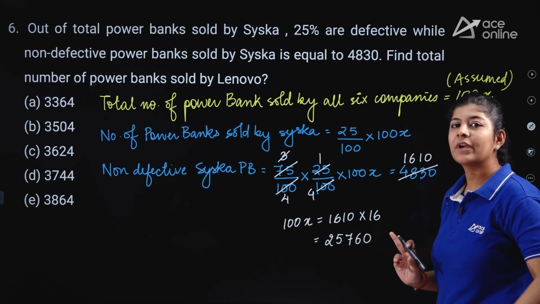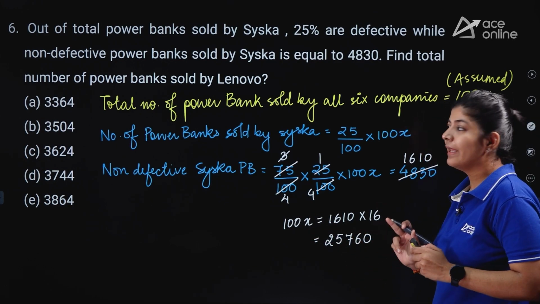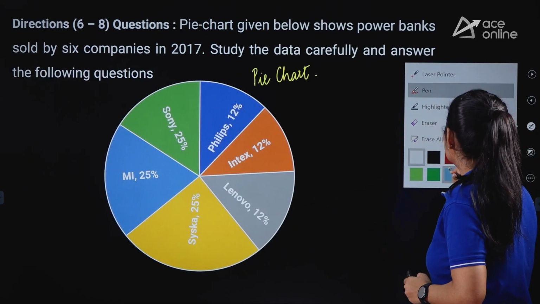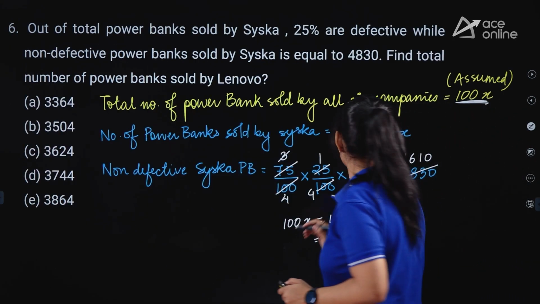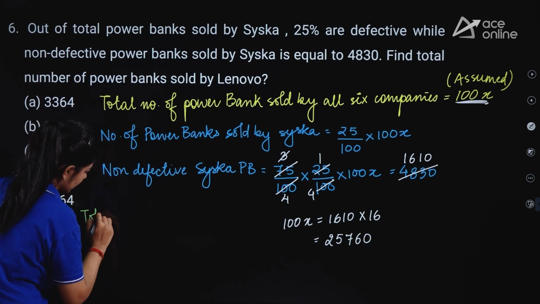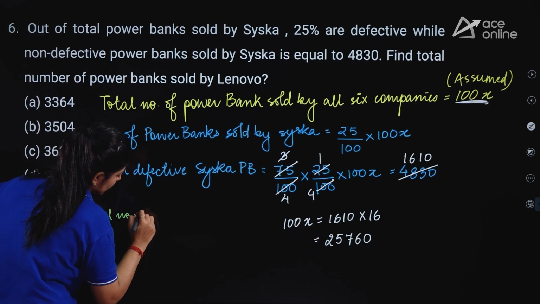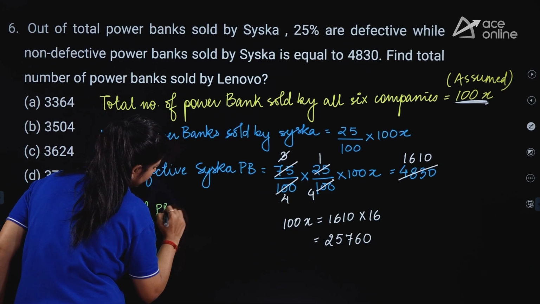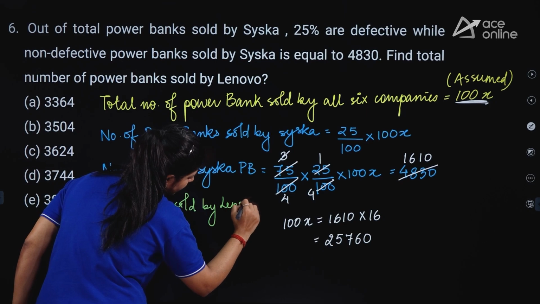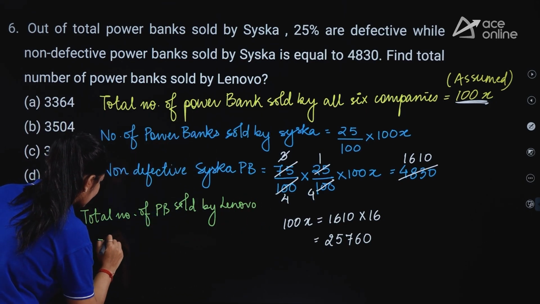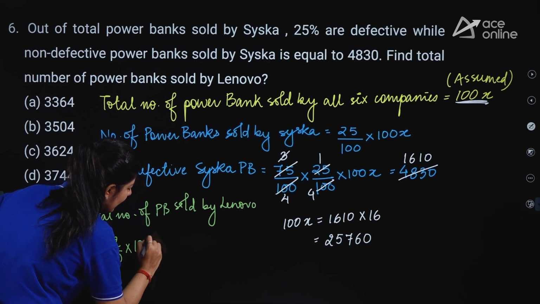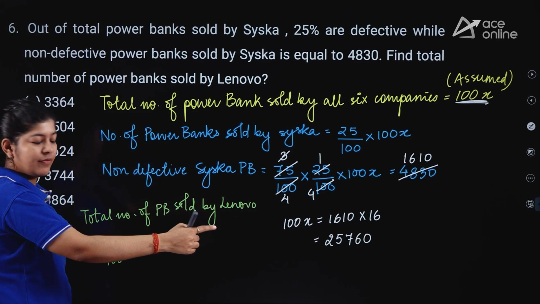Now we have to find out the total number of power banks sold by Lenovo, and Lenovo sold 12%. So we can say that here the total number of power banks sold by Lenovo is nothing but the 12% of 100x, and we are having the value of 100x, right?